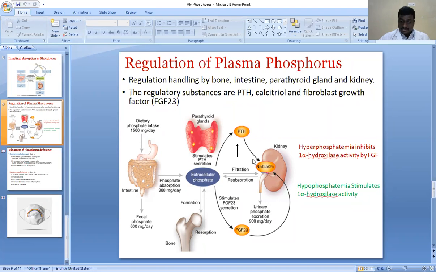That vitamin D3 acts on the intestine, more absorption of the phosphate takes place, and the serum concentration comes back to normal. So this is about regulation of the plasma phosphate.